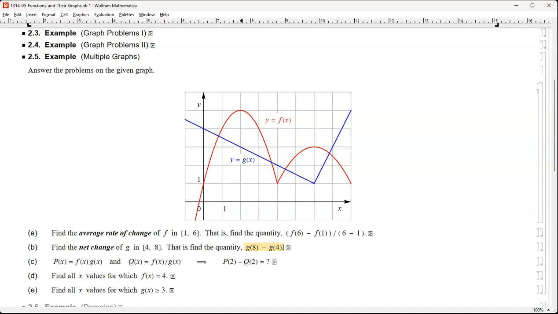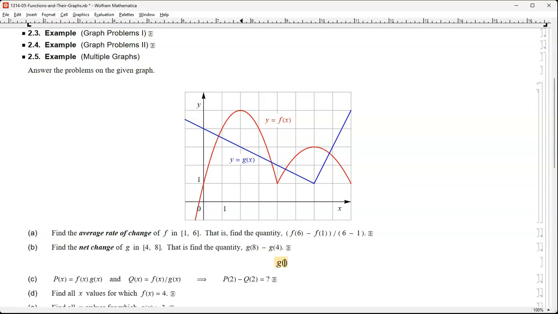Okay, alright. Let's find out g of 8 and g of 4 respectively, and then answer the net change question. G of 8, where is it? 1, 2, 3, 4, 5, 6, 7, 8 here. And then what's the y-coordinate of the blue graph? See this point?